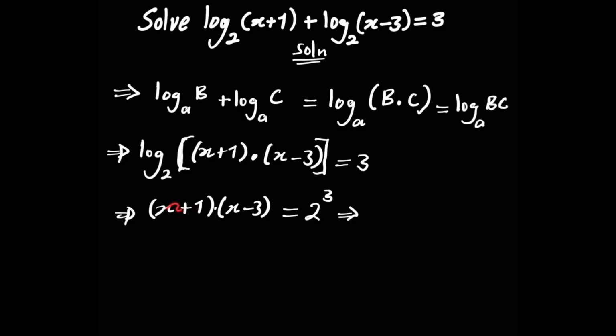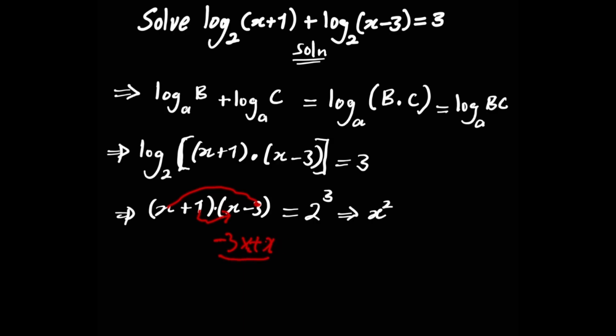So I think everyone knows how to expand this. The first thing is we multiply x by x and by minus 3, again 1 by x and 1 by minus 3. So I'm going to do this in one step. x multiplied by x is x squared, then x multiplied by minus 3 is going to give you minus 3x, then 1 multiplied by x is going to give you plus x.